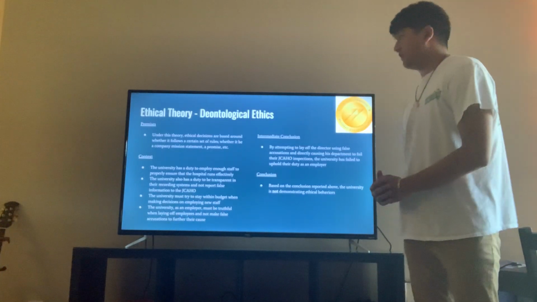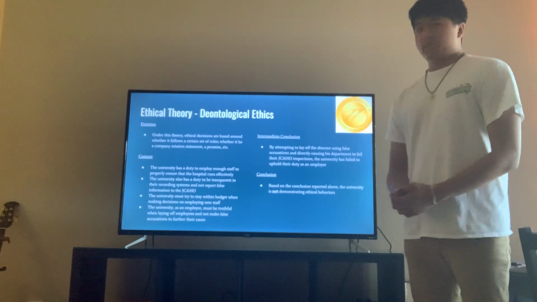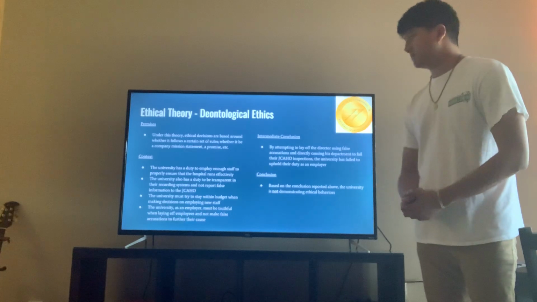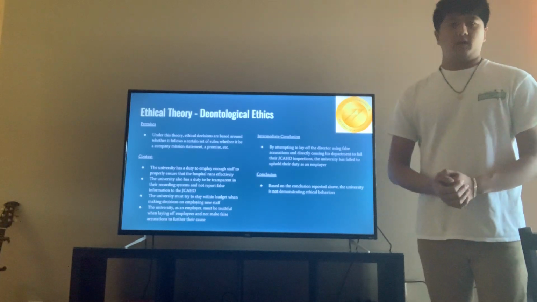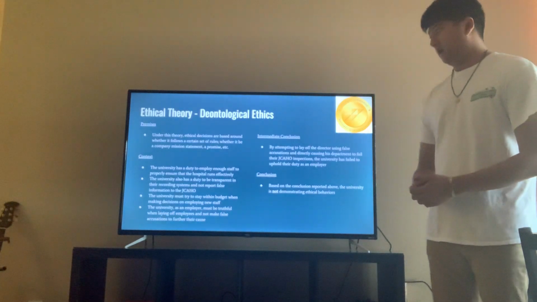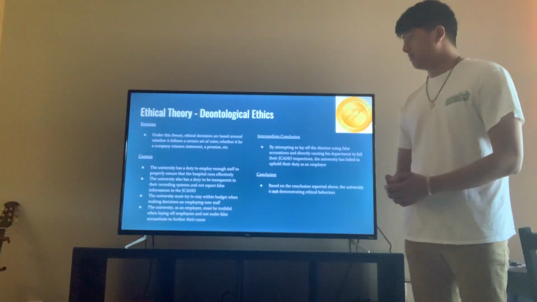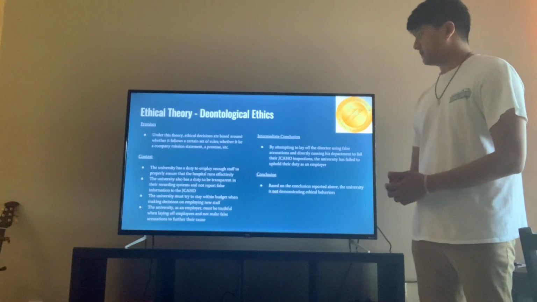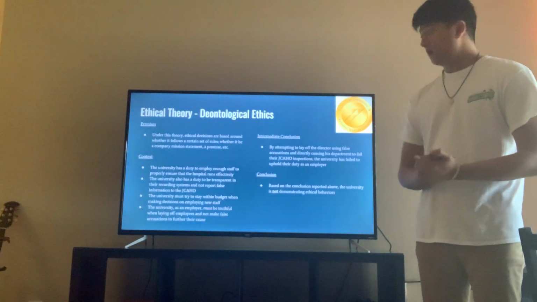So the ethical theory I decided to analyze this case from was deontological ethics. It's stated here in the premise that ethical decisions are based around whether it follows a certain set of rules, whether it be a code of ethics, a company mission statement, or a promise. It just has to follow a certain set of rules very strictly.